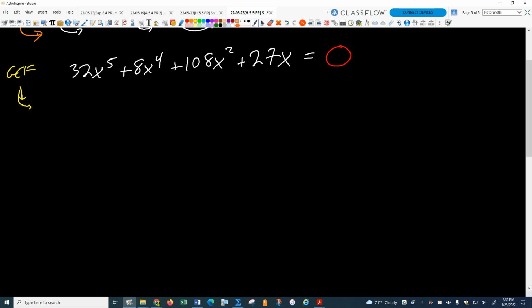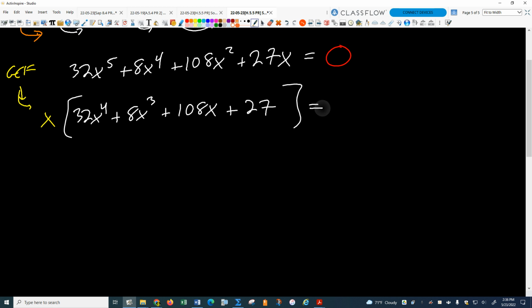So if I undistribute an x, I'm just going to get 32x to the 4th plus 8x cubed plus 108x plus 27. Okay, that looks terrible, but we know what to do.